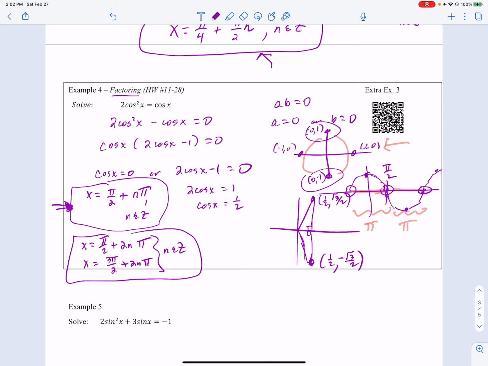And on this one, the distance between is not the same, so I have to write them separately. And so this is where x is pi thirds plus 2n pi, or x is 5 pi thirds plus 2n pi. And again, where n is an element of the integers.